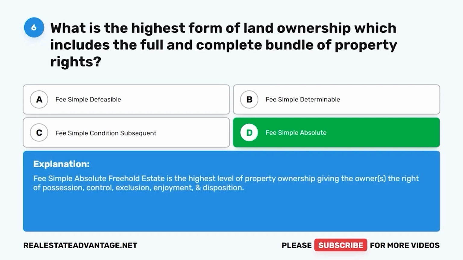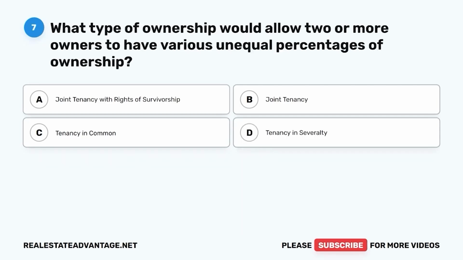Fee simple absolute, a freehold estate, is the highest level of property ownership, giving the owners the right of possession, control, exclusion, enjoyment, and disposition.